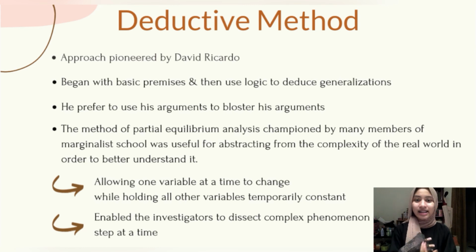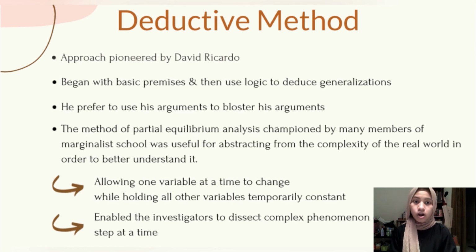This is the analytical and abstract approach pioneered by David Ricardo. Ricardo began with basic premises and then used logic to deduce generalizations. His tendency is to use assumptions to bolster his arguments.